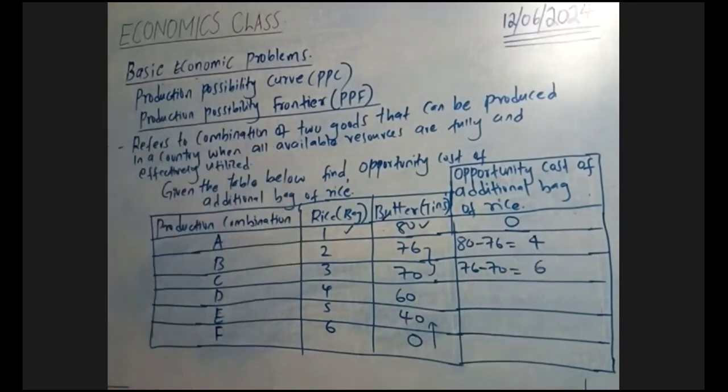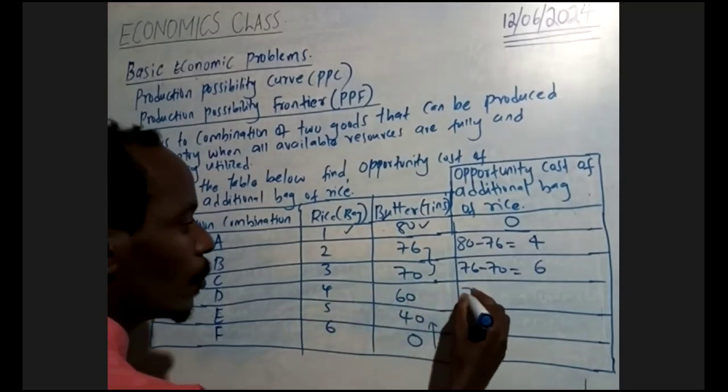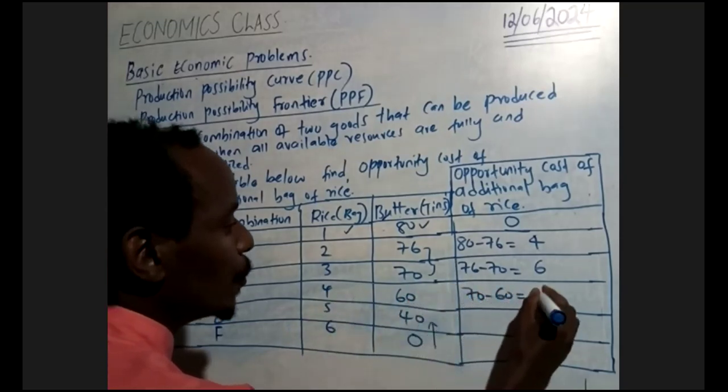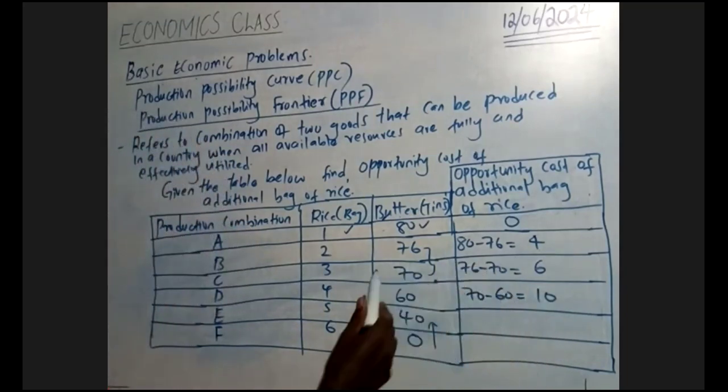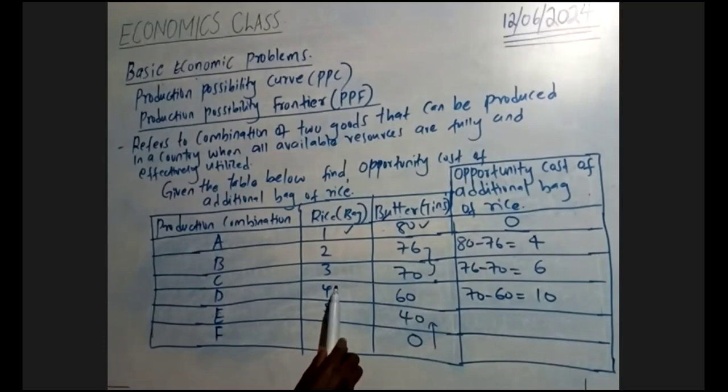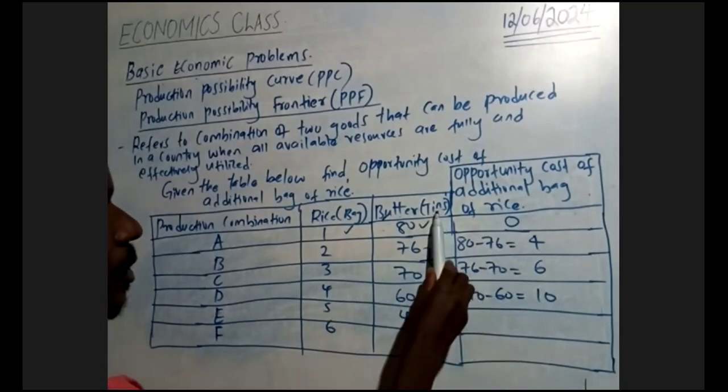Now 6 is the opportunity cost of an additional bag of rice. If we end up adding 4, then the opportunity cost will be 70 minus 60, which is 10. So the opportunity cost of an extra bag of rice will be 10 tins lost.